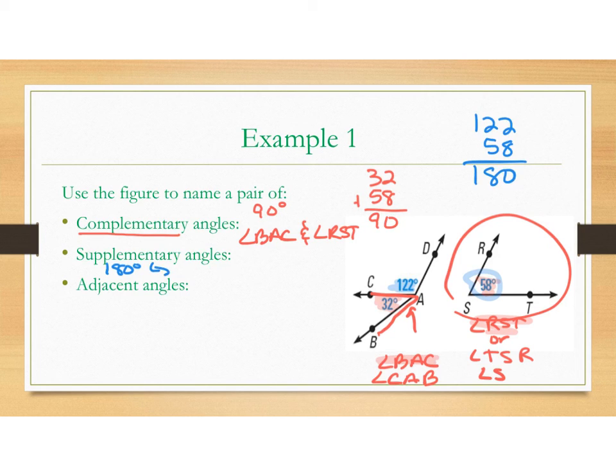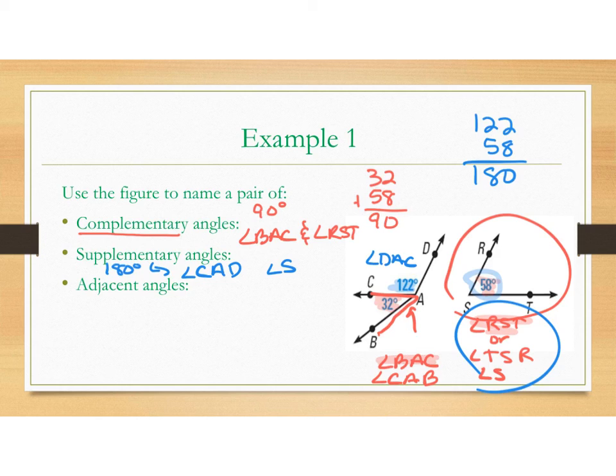So for the supplements, I'm going to do CAD. I could also call this angle DAC. And then again, I could just say, like Isabella just said, call it angle S, or any of these other three.